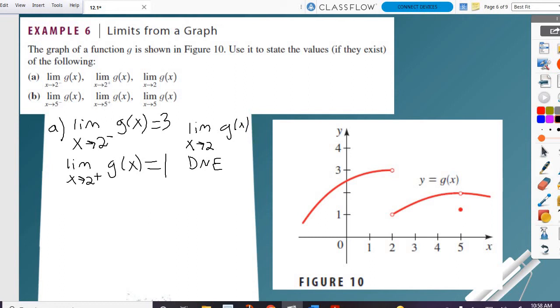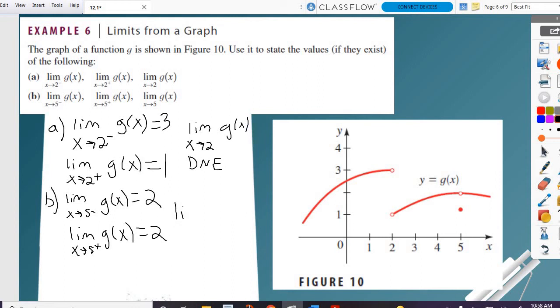Which is different than part B, because notice, what does my left-handed limit as it approaches 5 equal? 2. What does my limit as x approaches 5 from the right equal? Also 2.